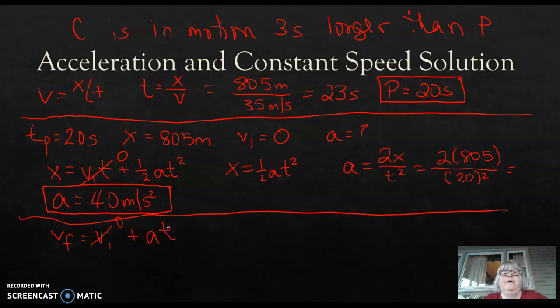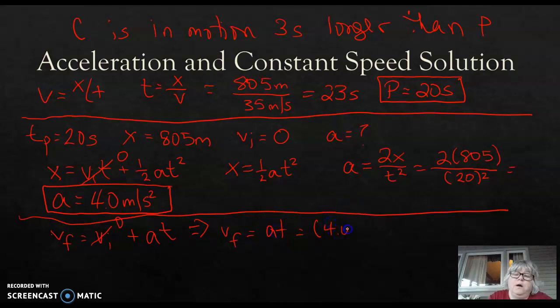Can I use my other equation? Yes, I can use VF squared equals VI squared plus 2AX. Again, VI is going to drop out, but I'd have to worry about taking the square root. Always go with the simplest way. So I'm going to plug in VF equals AT.